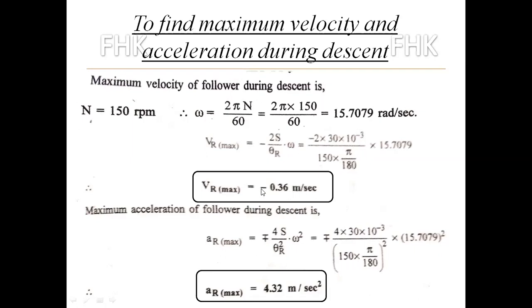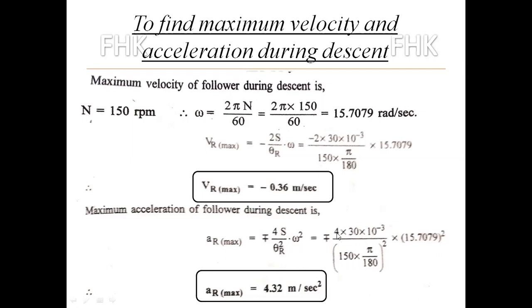The velocity is not actually decreasing, but as it is a return stroke, the sign comes here as minus 0.36 meter per second. Now the maximum acceleration of the follower during the return stroke is plus minus 4 s omega square divided by theta return square.